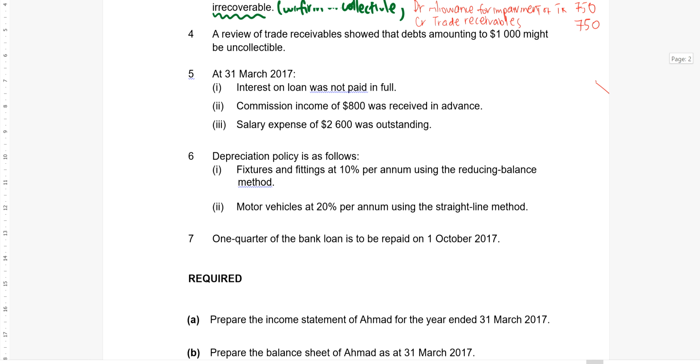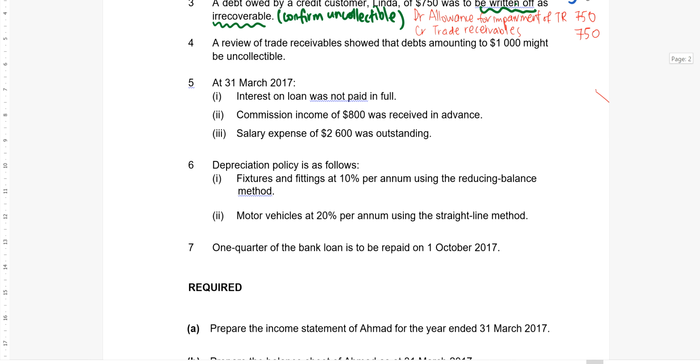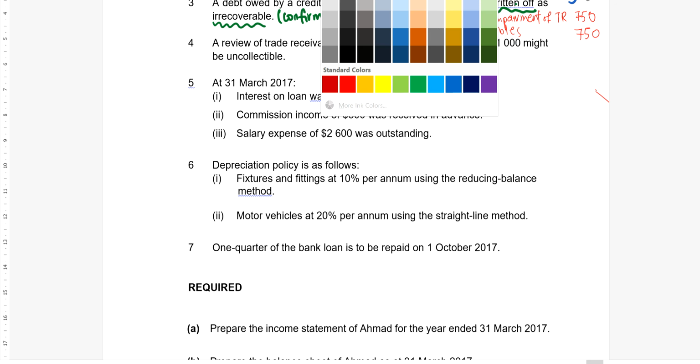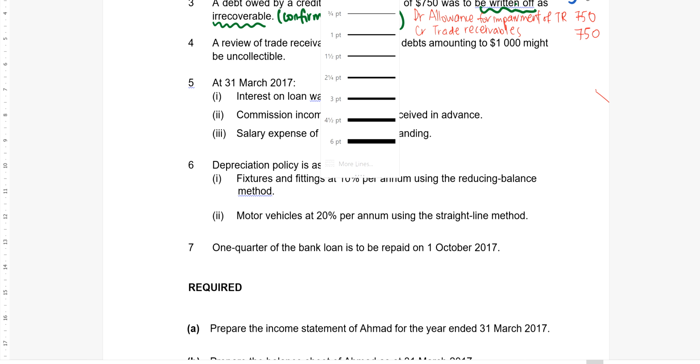Let's look at the fourth adjustment. A review of trade receivables showed that the debt amounting to $1,000 might be uncollectible. So what does this tell us?